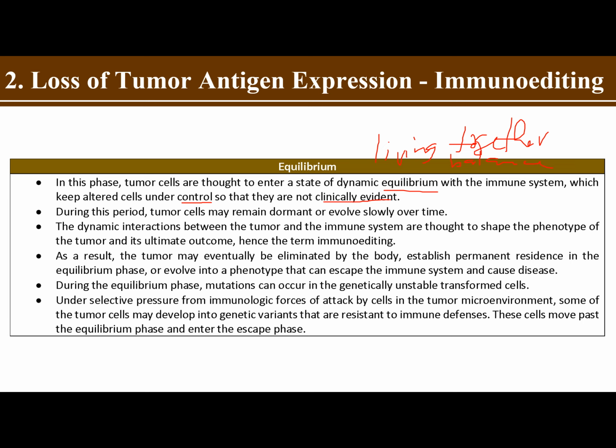So basically, class, the tumor cells pretend to be cells that are not capable of causing disease. During this period, class, tumor cells may remain dormant or evolve slowly over time. The dynamic interaction between the tumor and the immune system is thought to shape the phenotype of the tumor and its ultimate outcome.